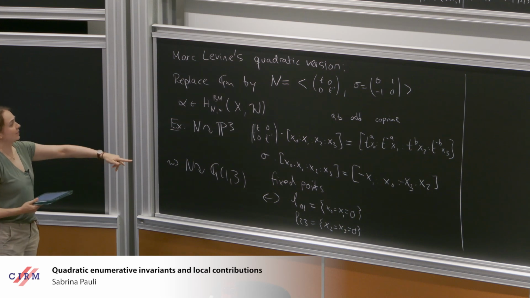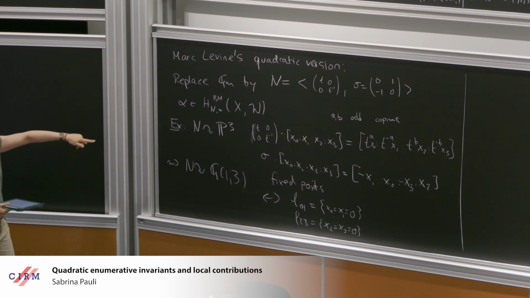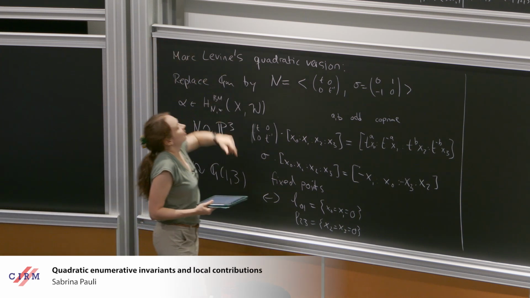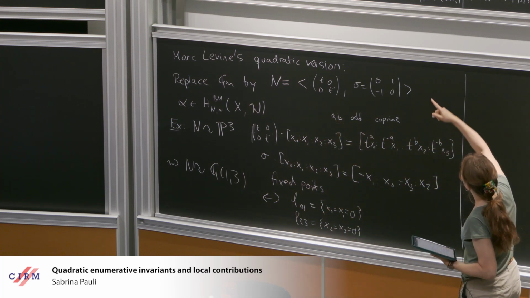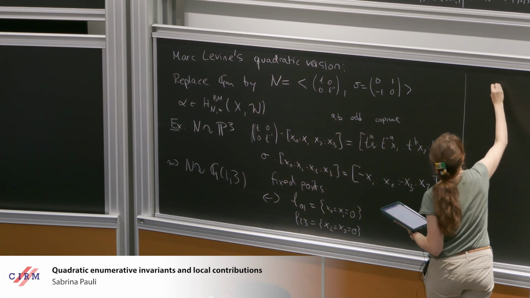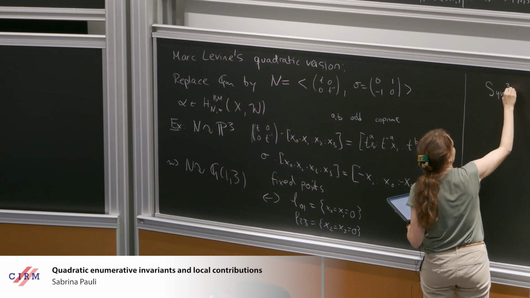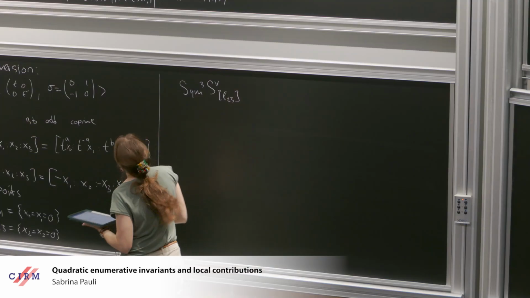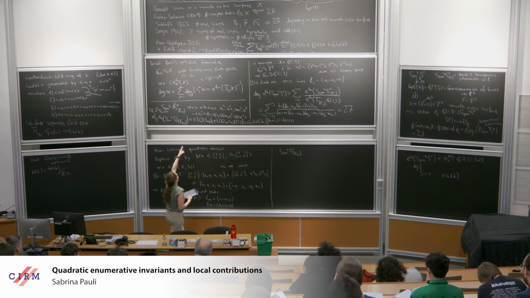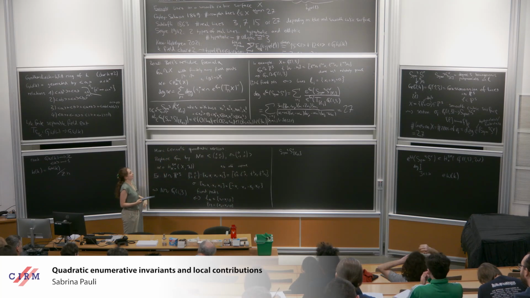So now we want to do the same computation again, let's do the same example again. Let's look at Sym^3 as dual L23. This is still the K vector space with basis x0 cubed and so on.